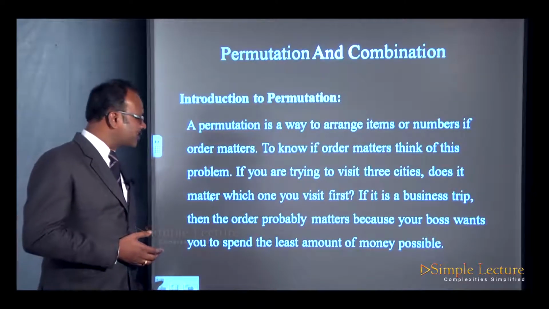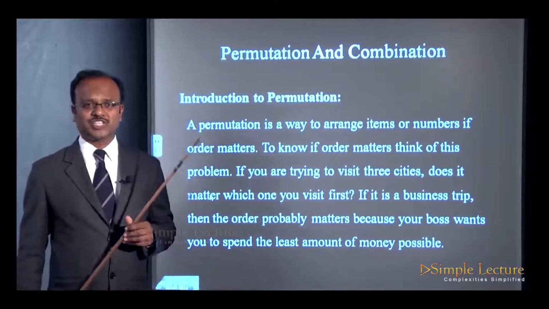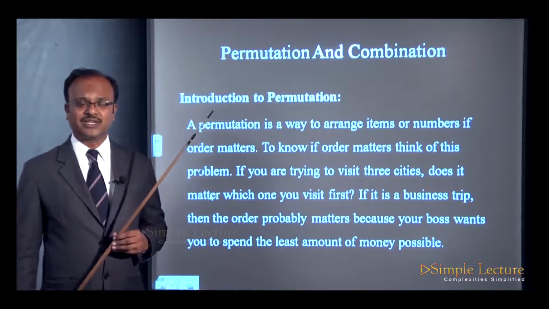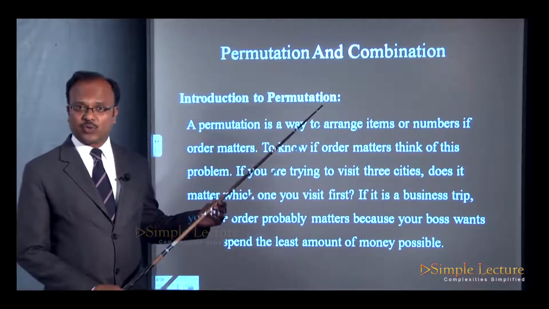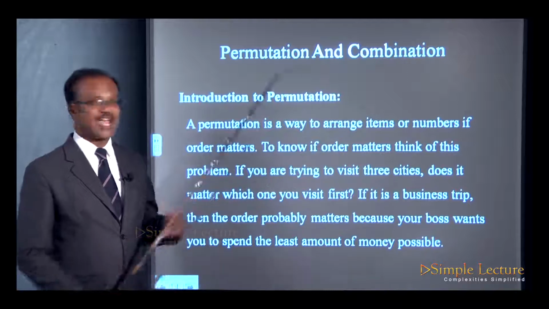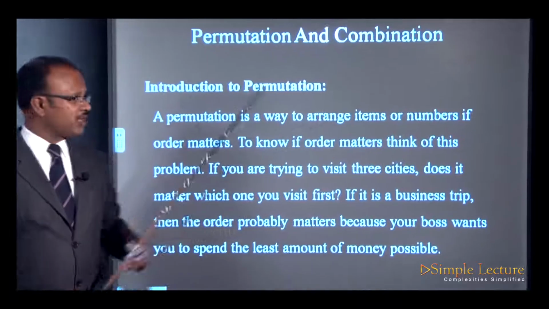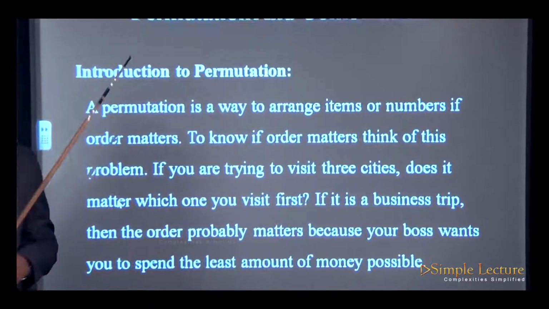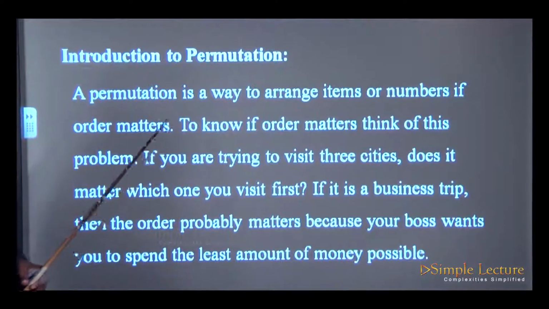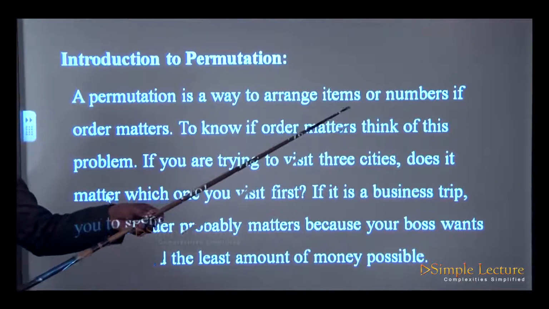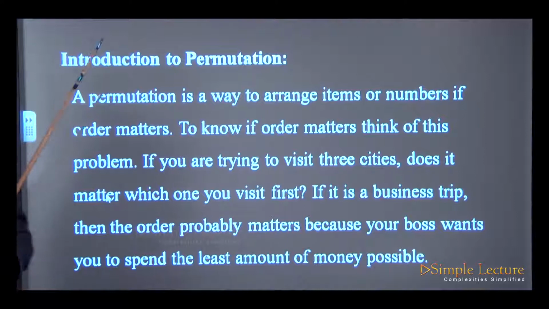Introduction to permutation. Just now I have mentioned that a permutation is a way to arrange items or numbers if order matters. And to know if order matters, think of this problem.